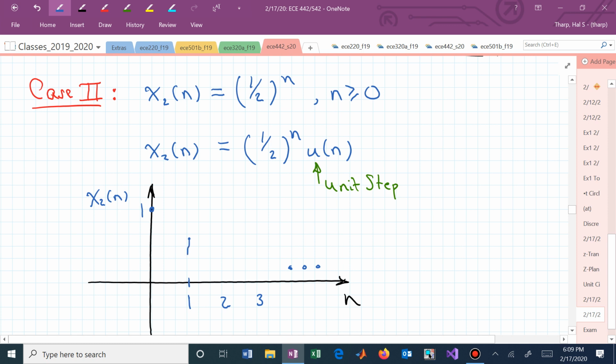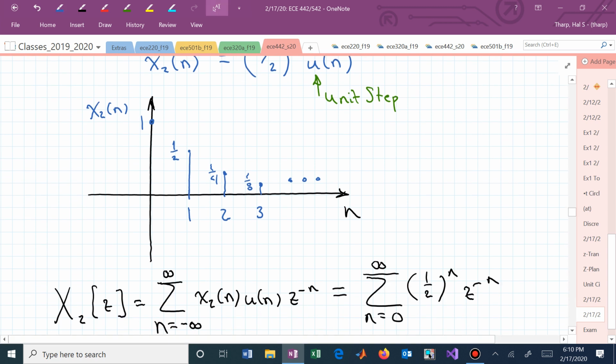So now we're 1/2 of where we started. At 2, we're 1/2 of that, which is 1/4. At 3, we're 1/2 of that. And you get the picture. Now, just from that picture, you can immediately start answering some of the questions that you might want to answer.